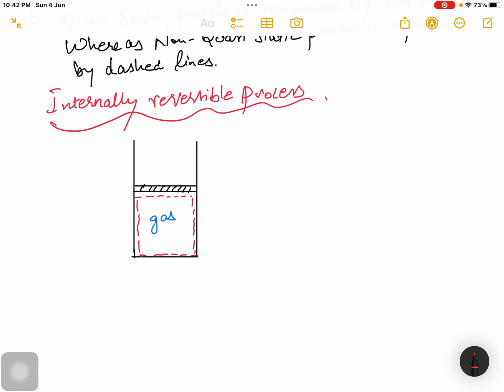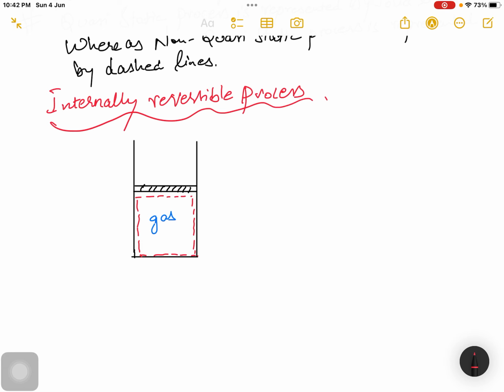Okay. Internally reversible process means if there is no irreversibility, if there is no loss within the boundary of the system, it is known as an internally reversible process.